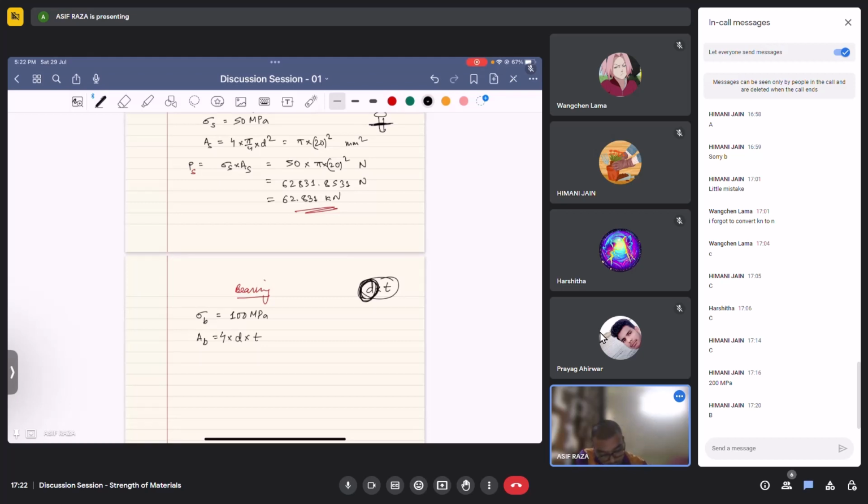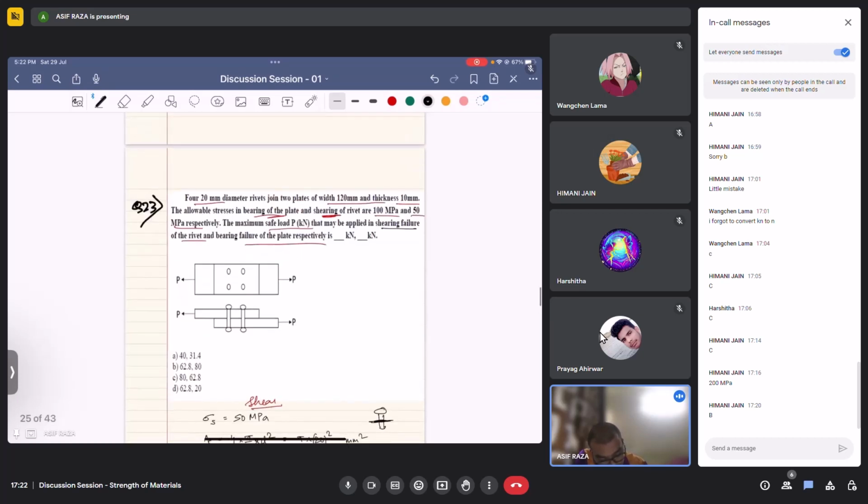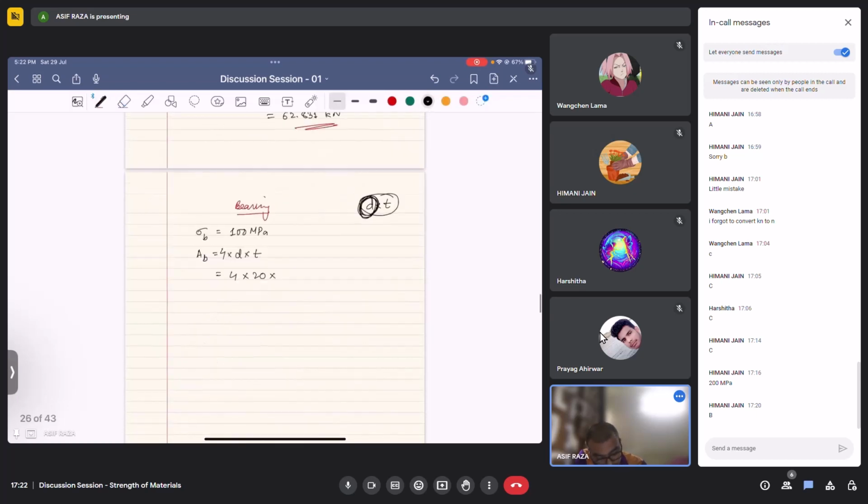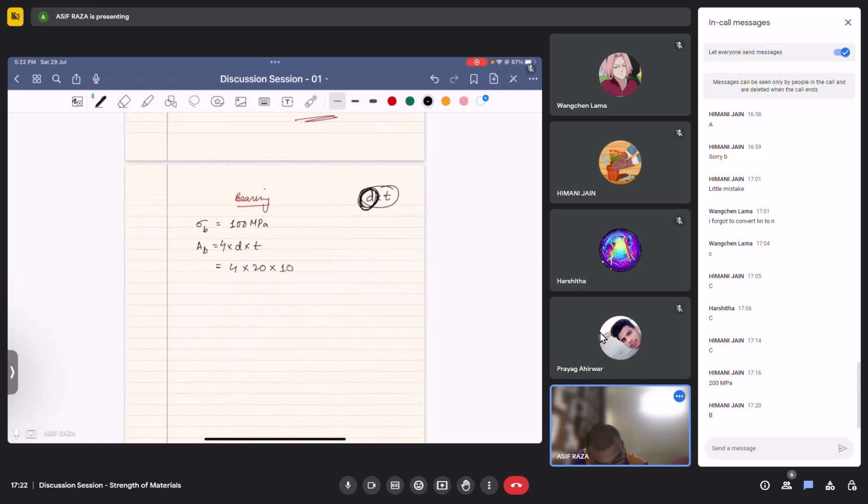Okay, so 4d, diameter is 20 and thickness is, oh no, thickness is 10 mm, right? So that is 800 mm square.